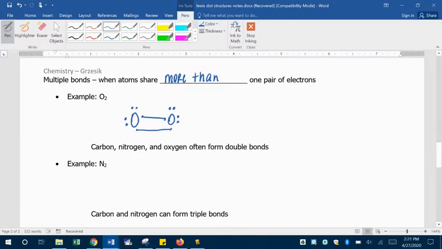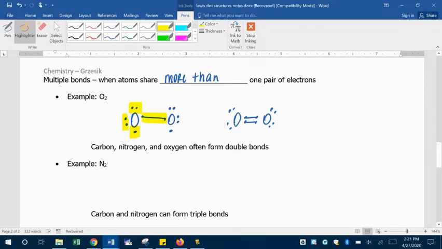But that's not really how we would draw a double bond. We would want to redraw this with the double bond between our two atoms and then our lone pairs outside. But if you look at why it does this, if I erase the second bond that I drew, without that second bond, each oxygen only has 2, 4, 6, 7 valence electrons.